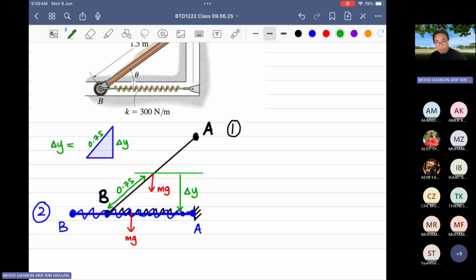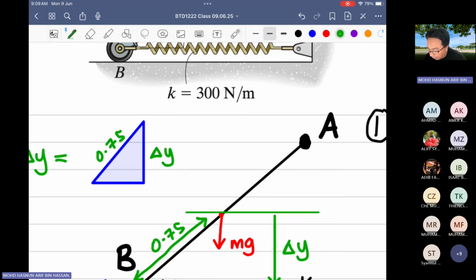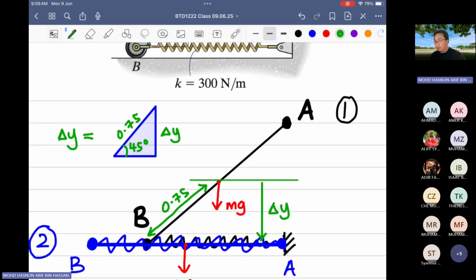What about the bottom? You don't need the bottom part, because we know the angle here is 45 degrees. So can we get delta y when we have the hypotenuse and the angle? How do we get delta y?